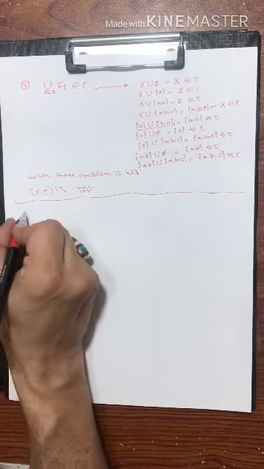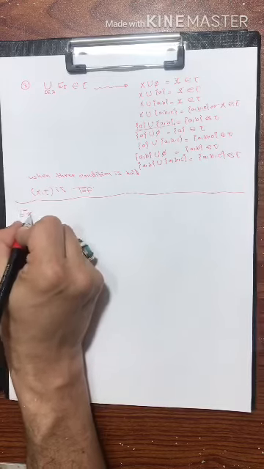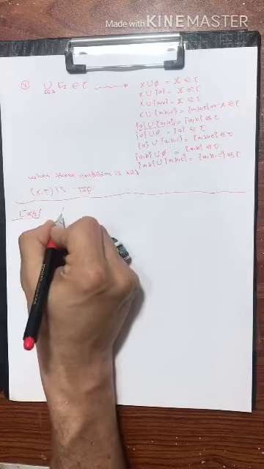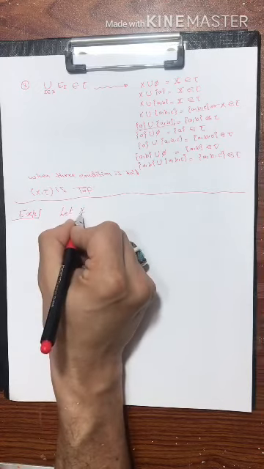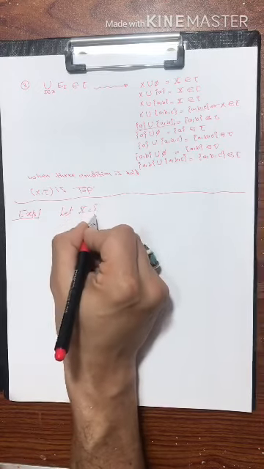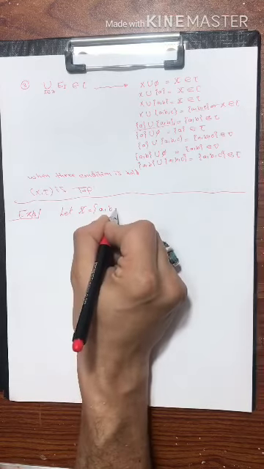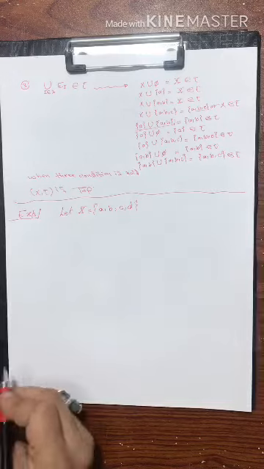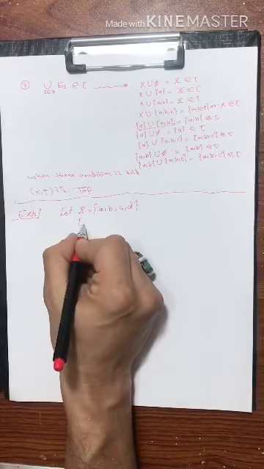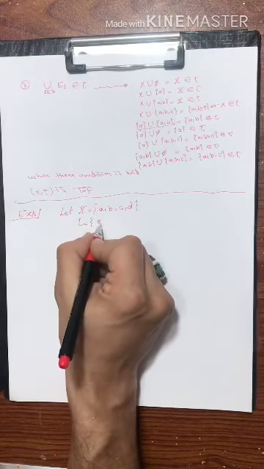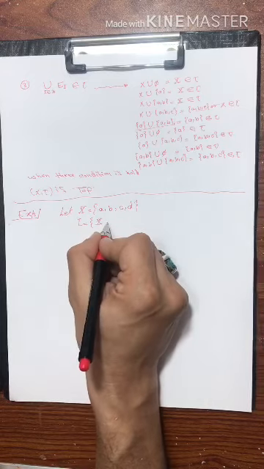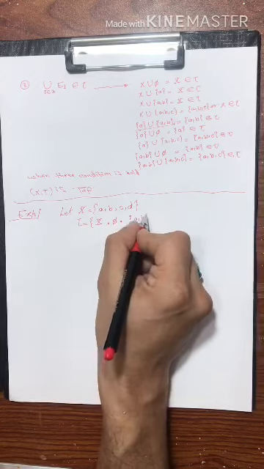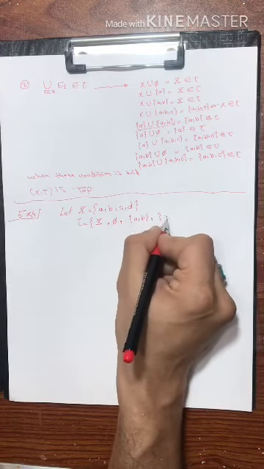Now, example 3. Let X be the set {A, B, C, D} and let tau contain X, phi, subset AB and subset AD.